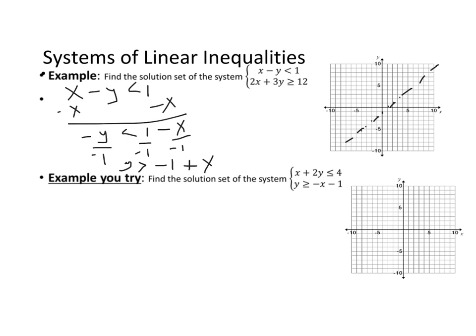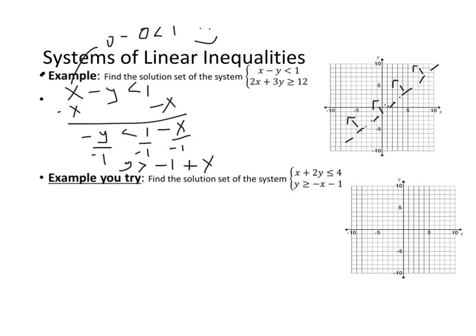If I were to take 0, 0 and plug it into the original equation, is 0 less than 1? Yes. So that means we draw arrows above because I want them pointed towards my test point.